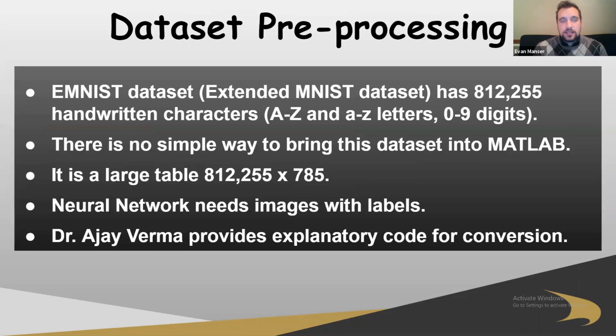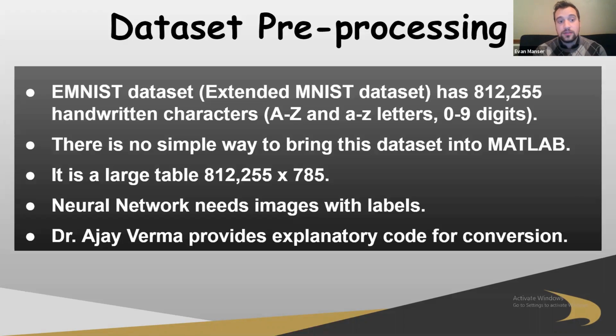So the data set that we learned in class during the last week of lectures was the MNIST data set, which is handwritten characters, 60,000 training handwritten characters and 10,000 testing handwritten characters, but it's only digits 0 through 9. And when we're trying to transcribe text, what we're going to need is letters.